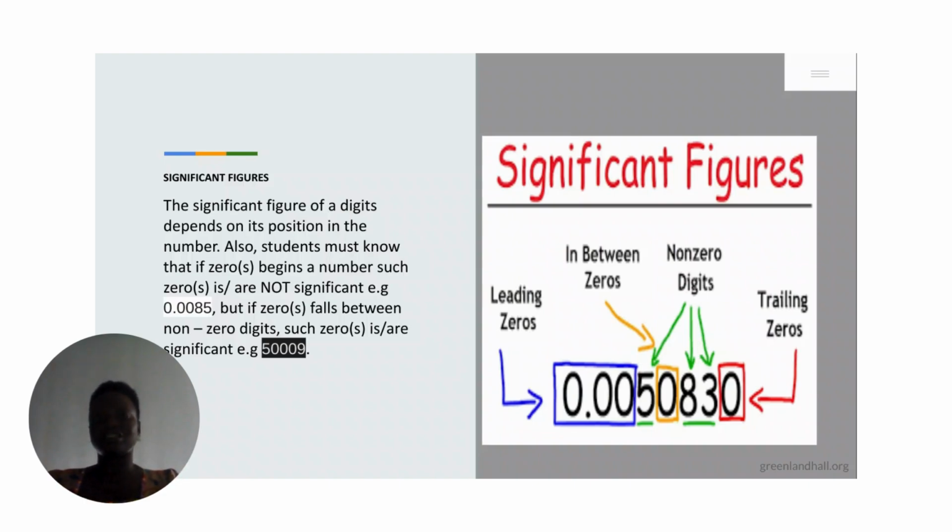Do you understand that? But if zeros fall between non-zero digits, let's say we have 4.0213, the zero is in between real numbers. Then the zero is relevant. It's part of the significant figure.